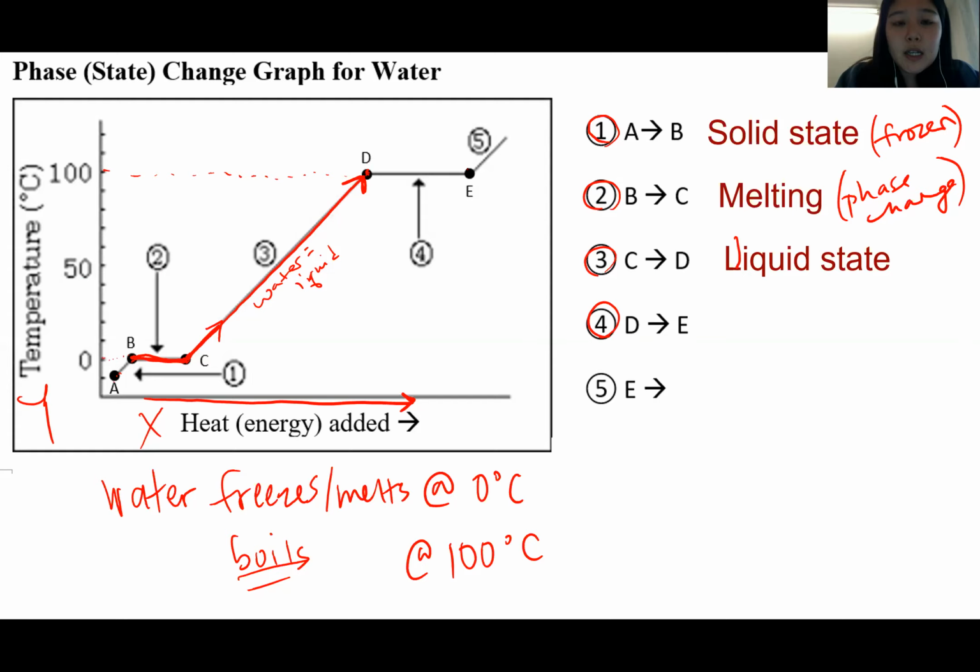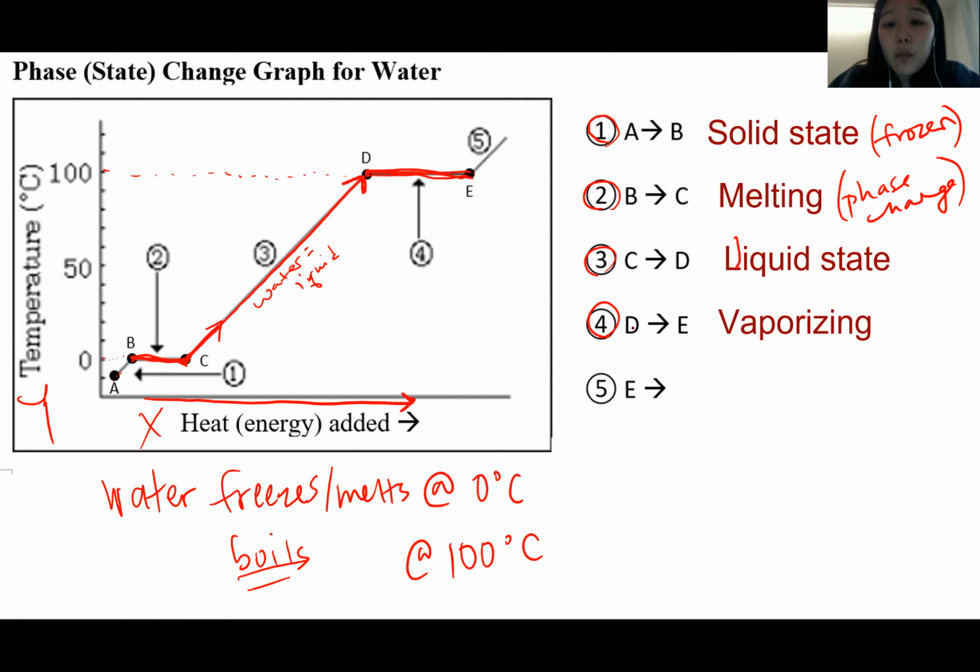From point D to E, just like our first flat slope, it's probably a phase change, right? And we know that at 100 degrees Celsius, water starts to boil. When water starts to boil, that phase change is called vaporization. So water is vaporizing because as it starts to boil, the liquid form is going to change into vapor, gas, right?